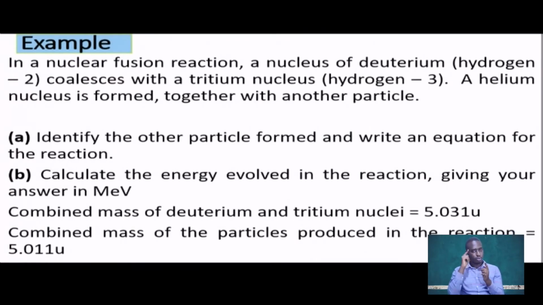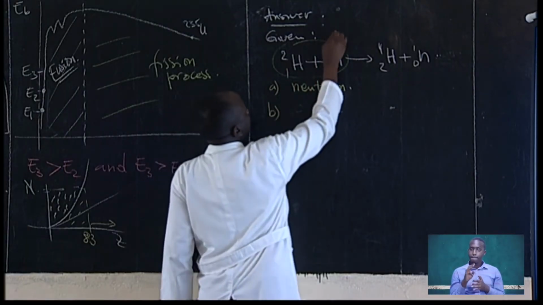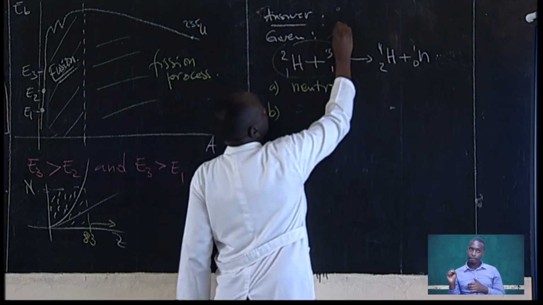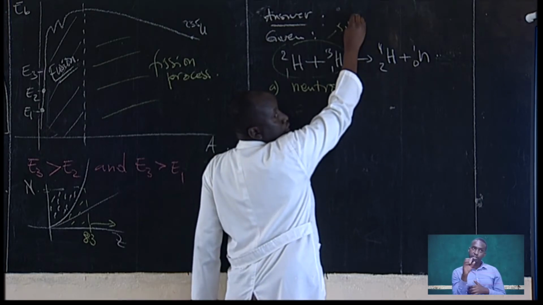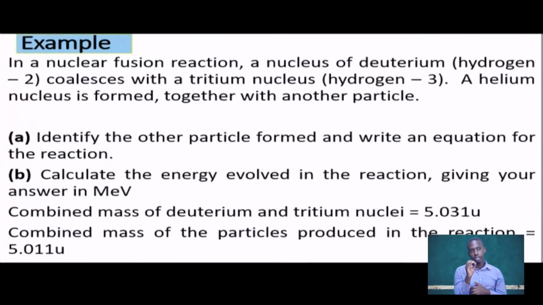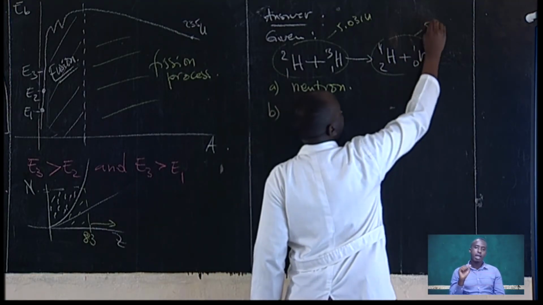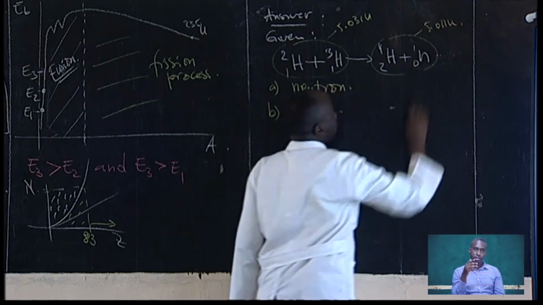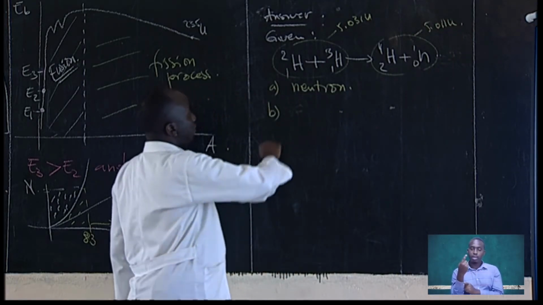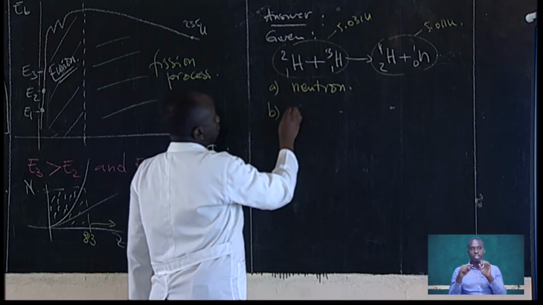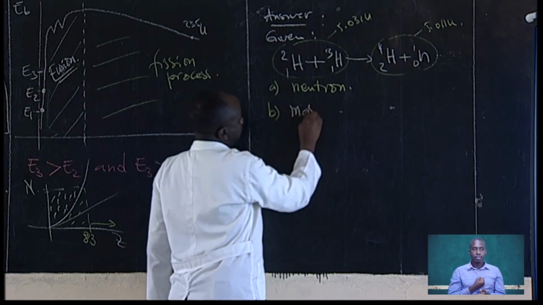Here we have a combined mass of deuterium and tritium of 5.031 U. And then here there is a mass of 5.011 U, right? So let's have the subtraction as usual. Here we have the mass defect.